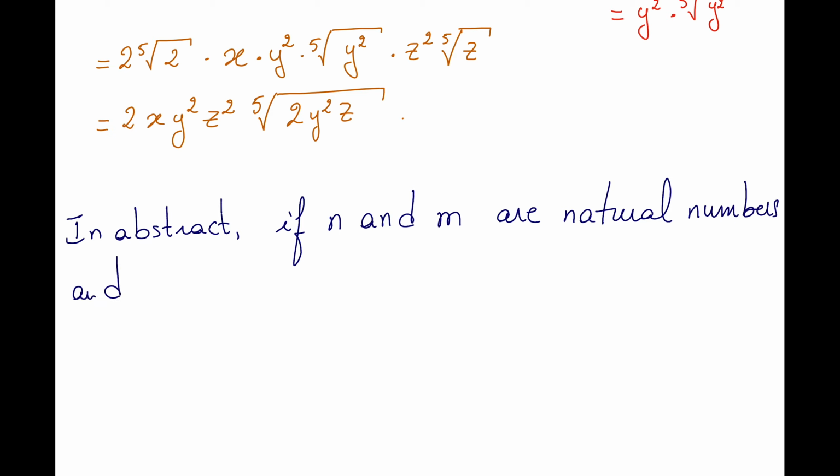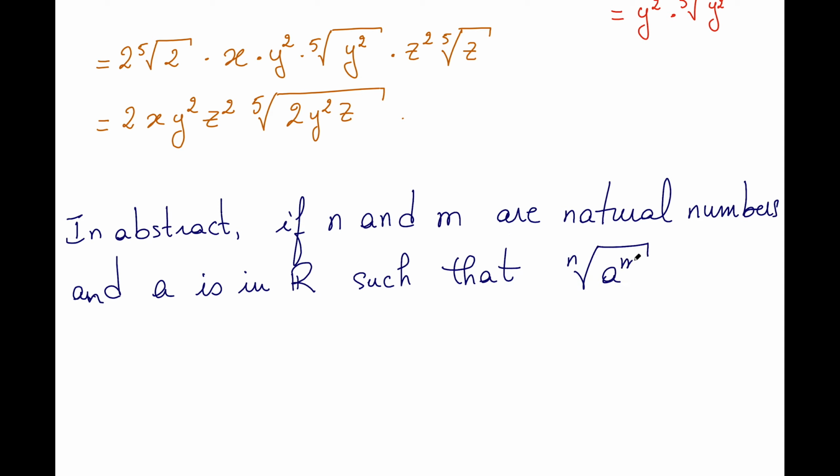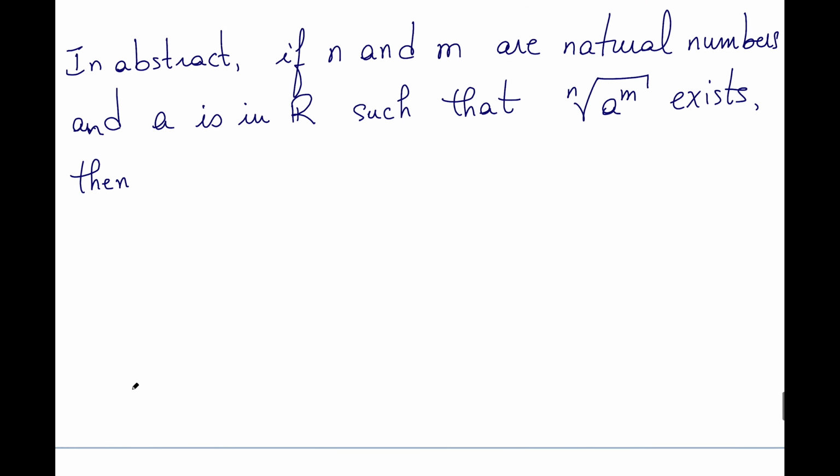And a is a real number such that the nth root of a^m exists, then we have the following. The nth root of a^m, how do we simplify the nth root of a^m?